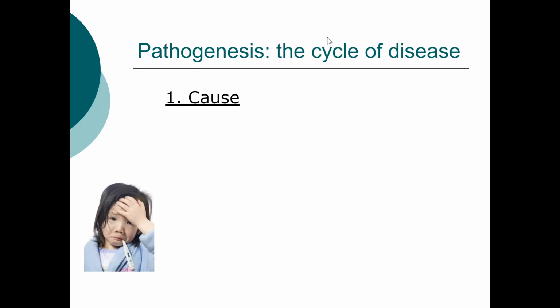The cycle of disease, the cause. What caused it? Once again, let's take flu. We're going to use influenza a lot because it is easy to work with. Everyone understands it, and it's a very interesting disease, or virus. Cause. What causes it? Well, you are exposed to someone that has either influenza A or B. The problem with influenza is that it mutates at such a rapid pace.